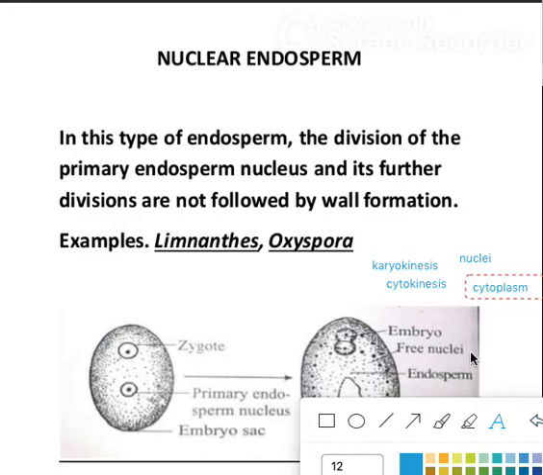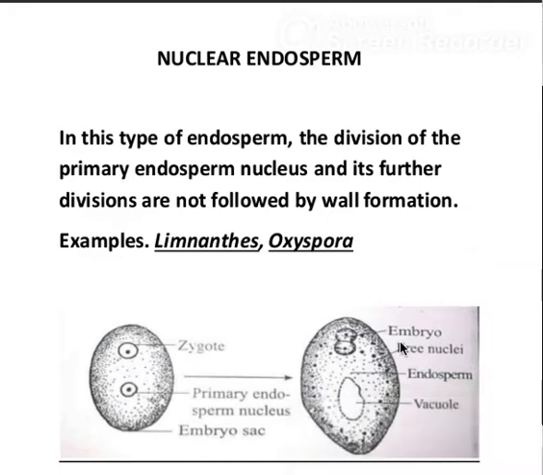The interesting thing in nuclear endosperm is that only the nucleus is dividing, and there is no subsequent cell wall formation. So it will keep on dividing, giving rise to free nuclei.